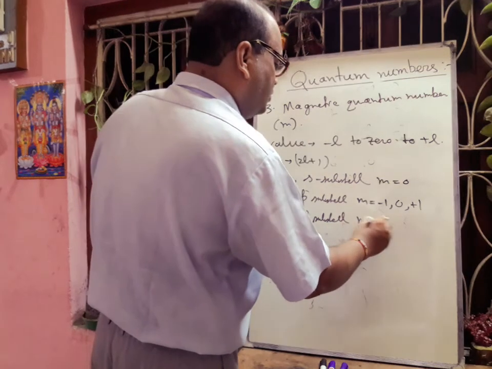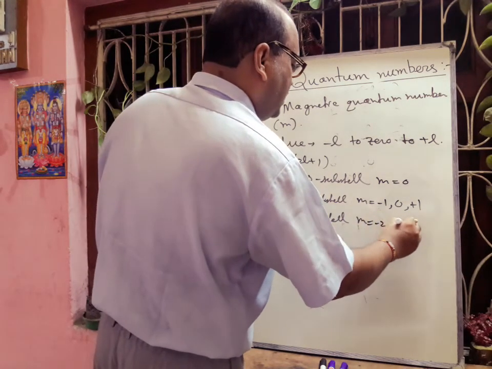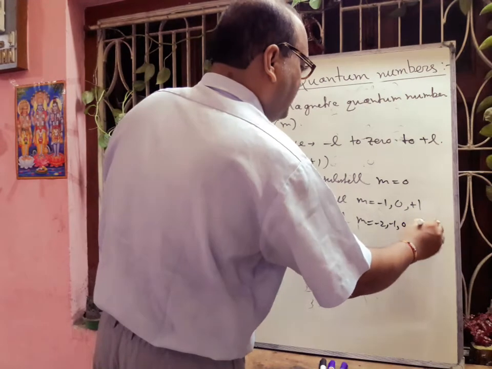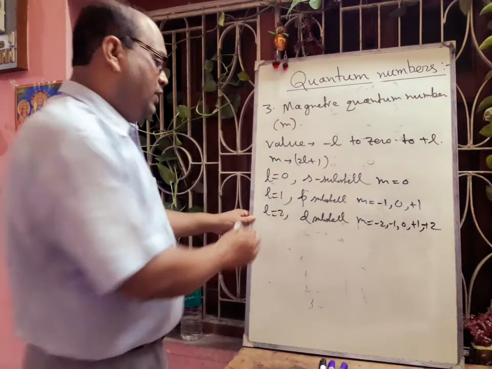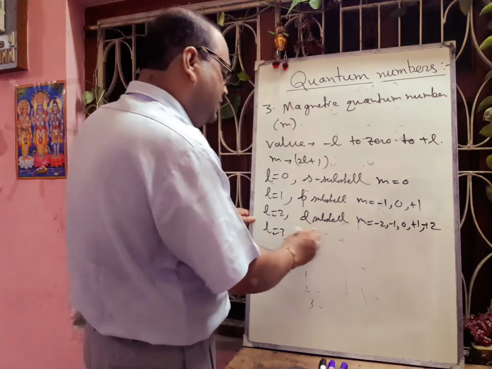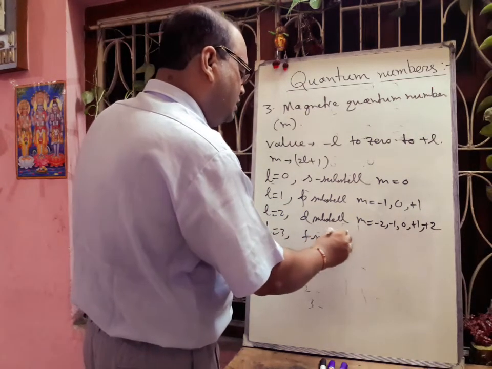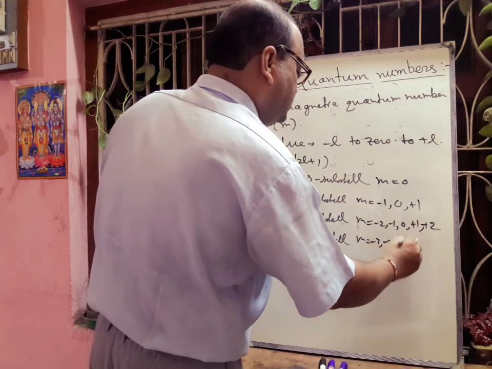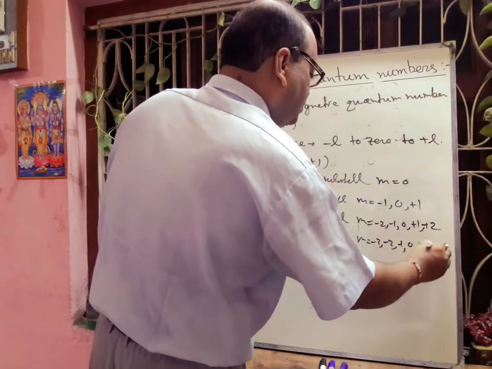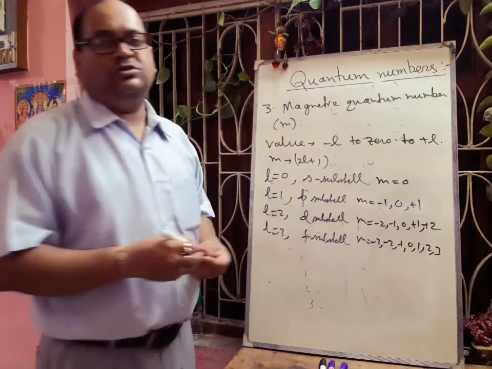Here m is equal to minus 2, minus 1, 0, plus 1, plus 2. So 5 values are there. When L is equal to 3, that means the f subcell. Here m values will be minus 3, minus 2, minus 1, 0, 1, 2, 3. So there are 7 values of m.